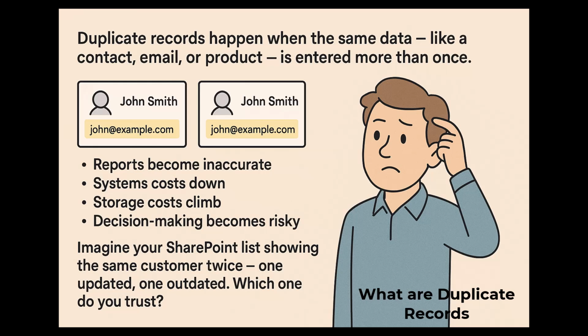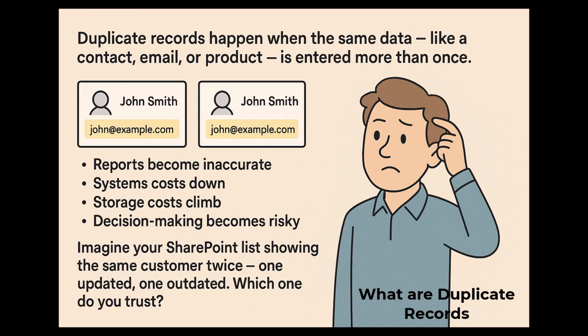In addition, duplicates create a system slowdown and increase storage costs. When you have duplicate records, it's just going to do that. There's no sense in having it because it's a duplicate. And of course, as we discussed, decision-making becomes extremely risky.